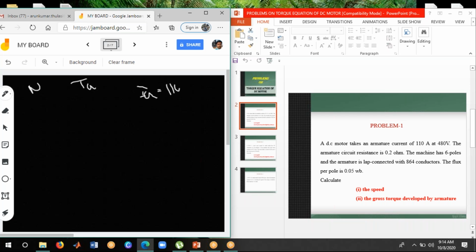So first write down the given data, then you will get a clear idea of how to solve. This is the armature current, the DC motor takes an armature current of 110 amperes at 480 volts. So here the input voltage V is equal to 480 volts. The armature resistance RA is 0.2 ohm.